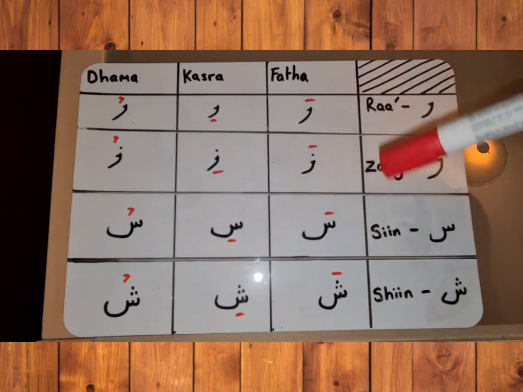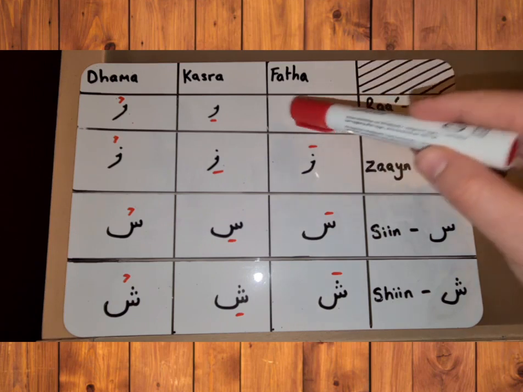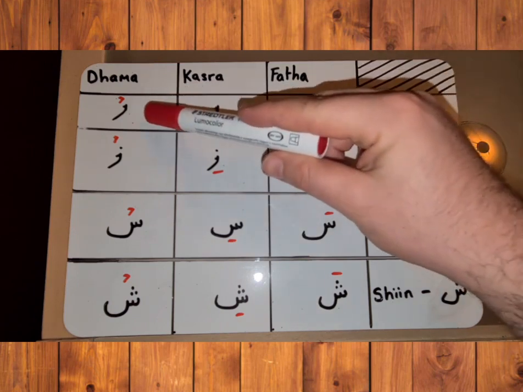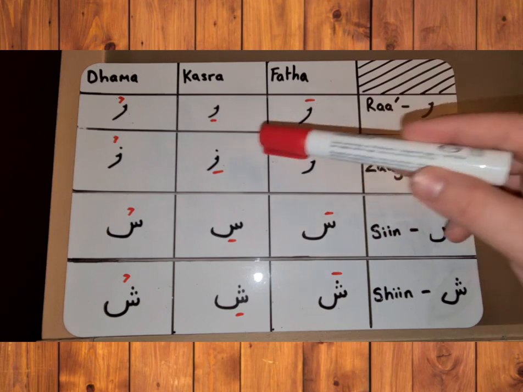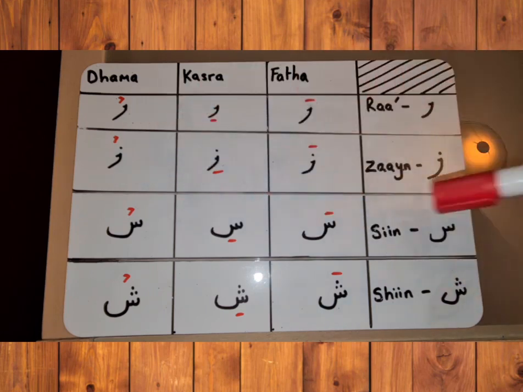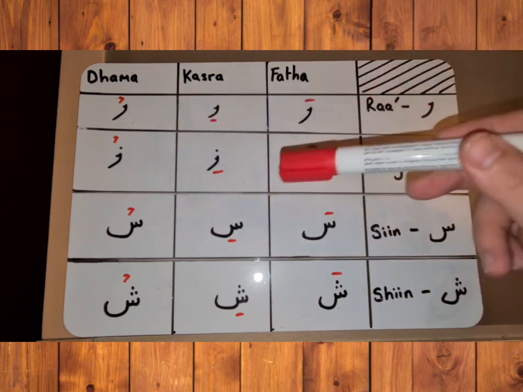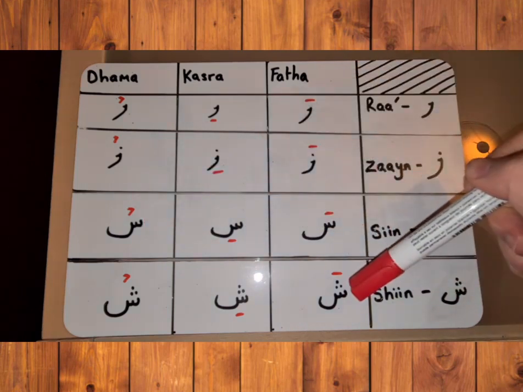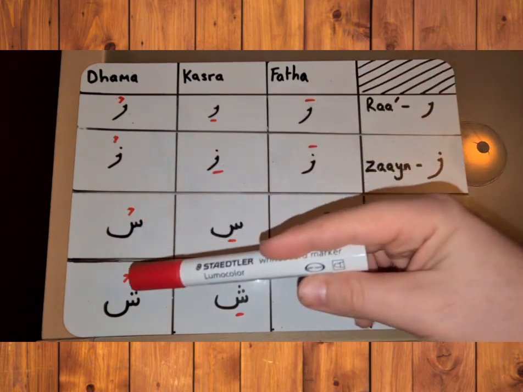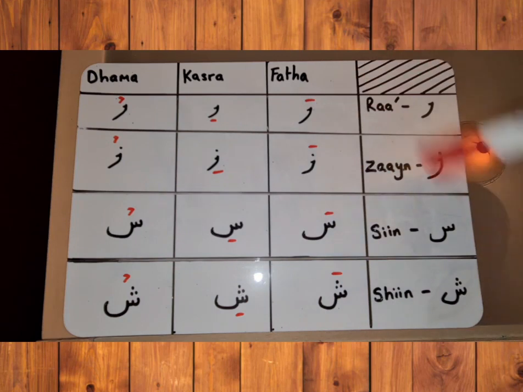Let's do it one more time before we move on. We've got ra, ri, ro, za, zi, zo, sa, si, so, and sha, shi, sho. And now we go on to the fathatain, kasratain, and dhammatain.